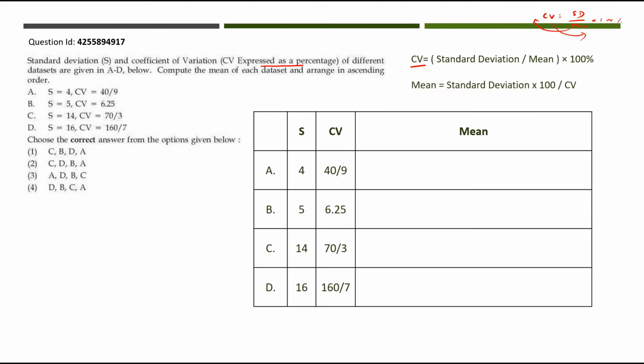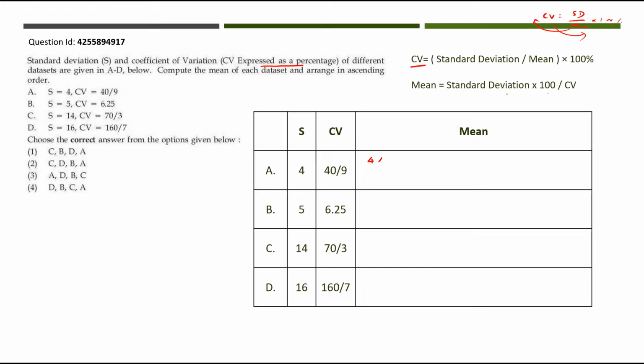Now we will take all the data sets. A has standard deviation 4, CV value as 40 by 9. B has standard deviation 5, CV value is 6.25. C has standard deviation 14, CV value as 70 by 3. D has standard deviation value 16 and CV is 160 divided by 7. From this we have to compute the mean first.